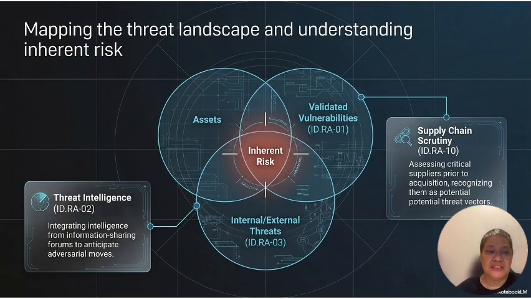So the next one is, how does this all fit together in terms of understanding our threat landscape? So there are three areas. If you look at the center, there's assets, there's vulnerabilities, and internal, external threats. So when we talk about assets, remember, you cannot protect what you cannot see, right?